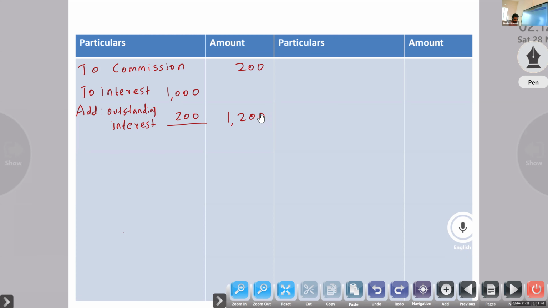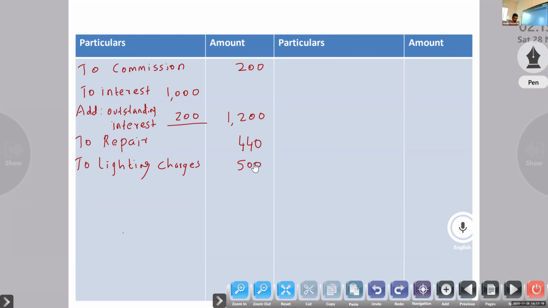Next repair, no adjustment to repair, 440. Next lighting charges, no adjustment to lighting charges. If it is factory lighting, it goes to the trading account. Lighting charges 500.